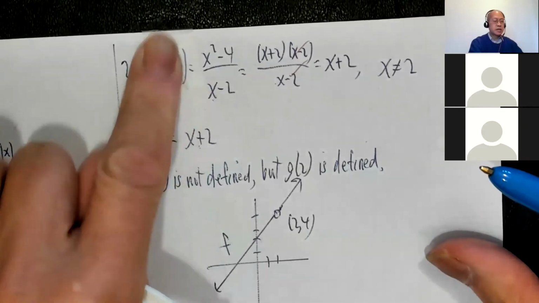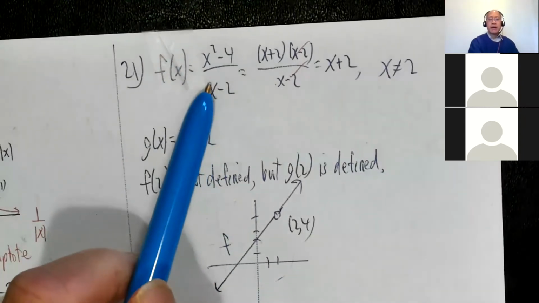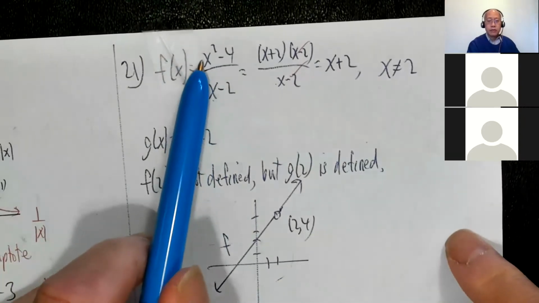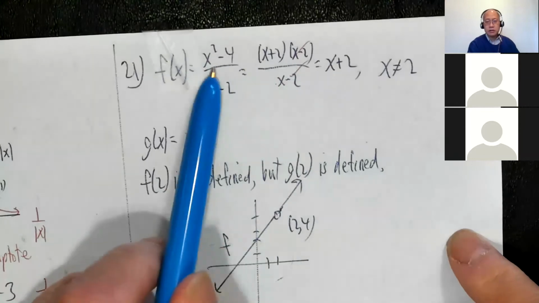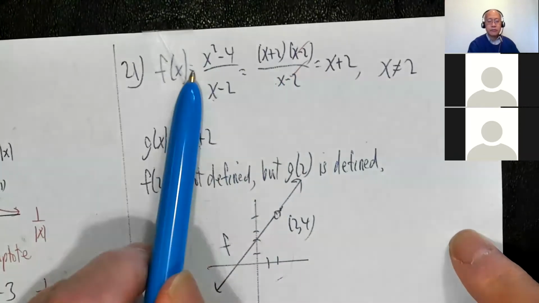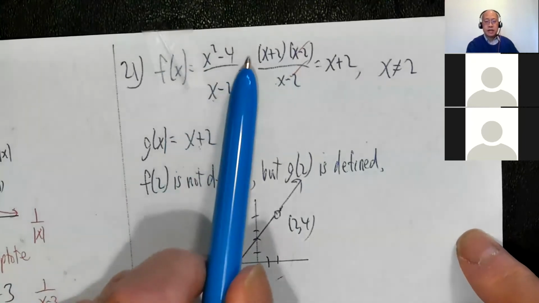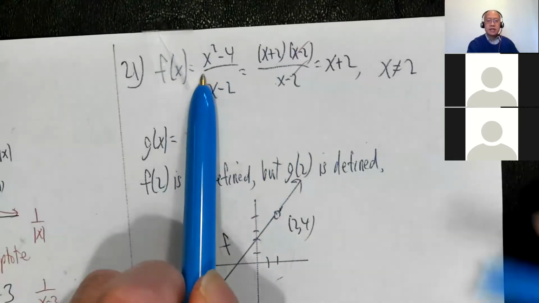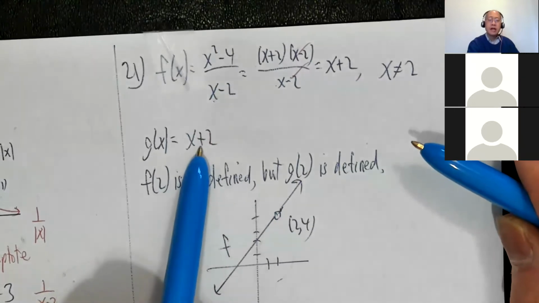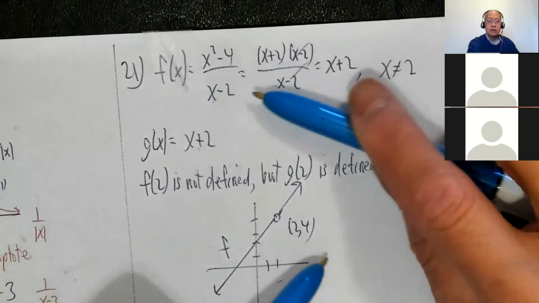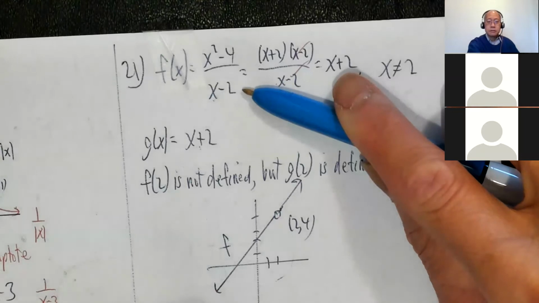And in a certain sense, back in your algebra 1, when you did this, and I did it too, I'm guilty of this as well, we were a little bit sloppy because we said, oh, factor, cancel, this is equal to this. Not quite, because here 2 is not allowed.